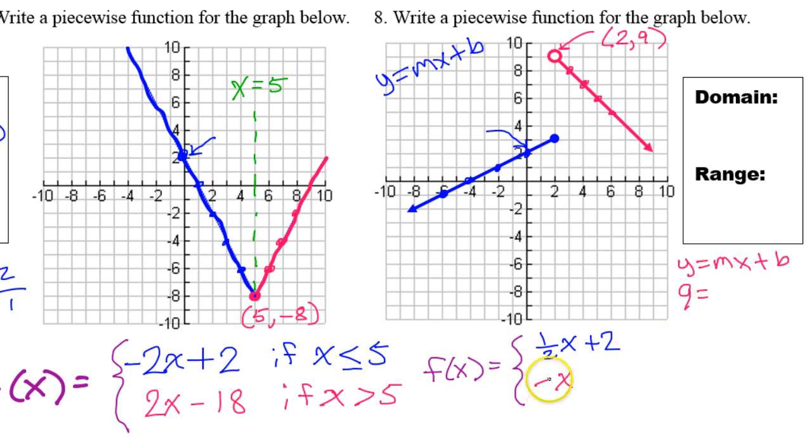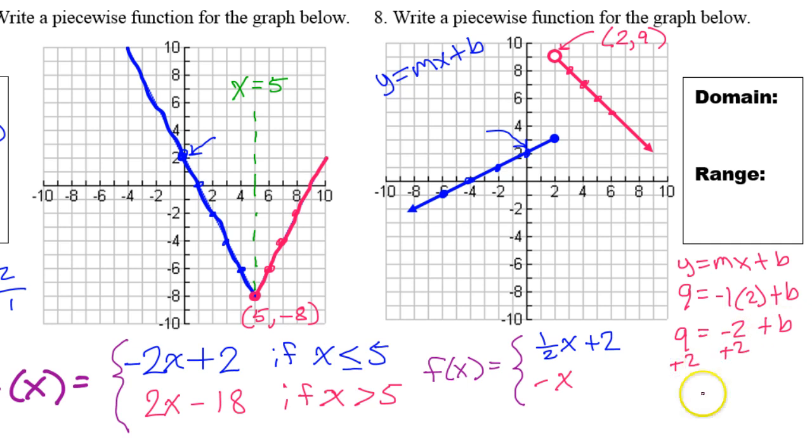The slope is negative 1. So I could just put negative 1x. And then up, I didn't mean to put x. All right, our x value is 2 plus b. So I have 9 is equal to negative 2 plus b.